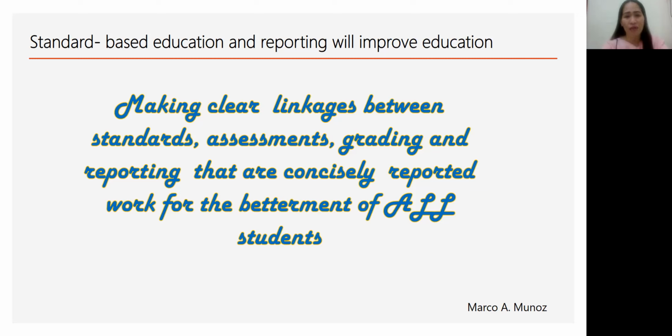So at the end of this module, you are expected to identify the terms related to grading and reporting of assessment results, analyze the important concepts, principles, procedures and techniques in grading and reporting of assessment results, and determine the different approaches to grading.